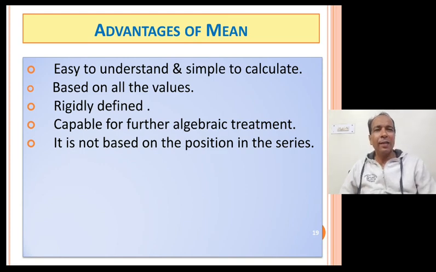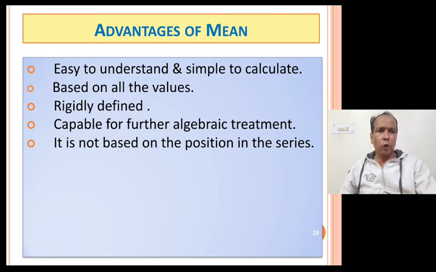So now learners, we should learn the advantages of mean. Mean has the following advantages: easy to understand, simple to calculate, and based on all the observations. You can't leave any observation out in calculating mean. It is rigidly defined. You, me, or anybody else, in the morning, evening, night, in India or in America, it doesn't depend on subjective norms.